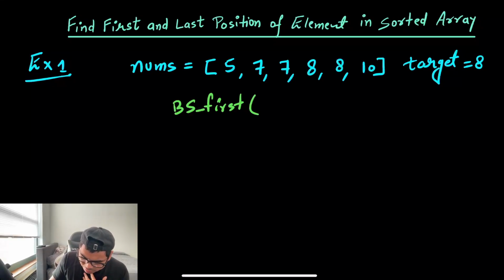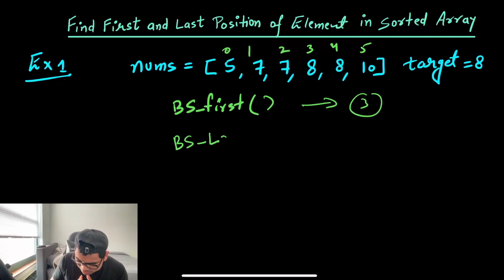This will actually give us the left index of our target. If I write down the indexes here, this function bs first should return me 3, and this function bs last should return me 4.